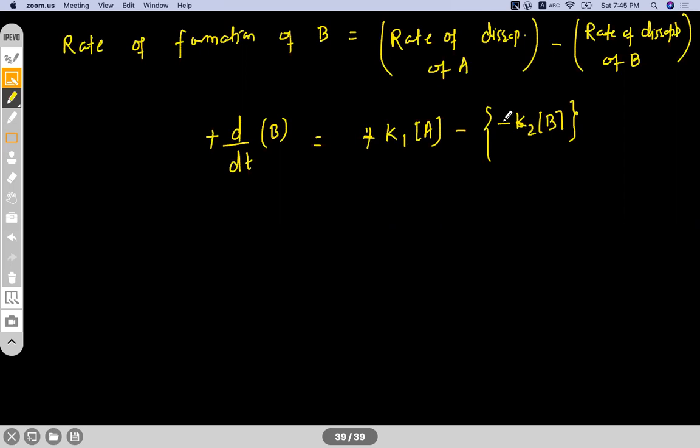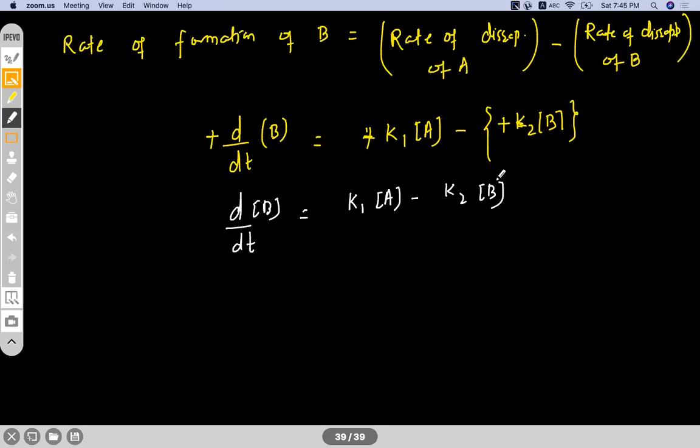Because minus dA by dt is K1A, correct? Minus dA by dt is K1A, minus dB by dt is K2B. Any doubt? No, sir. Correct. So we can write this as dB by dt is equal to K1 into A minus K2 into B.